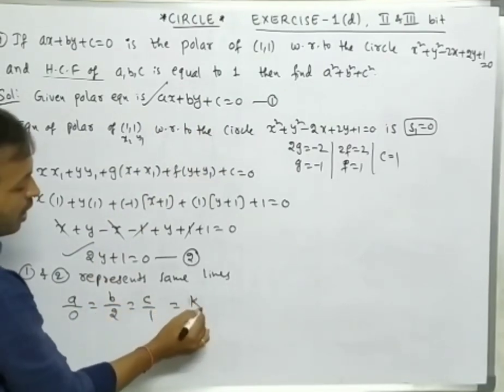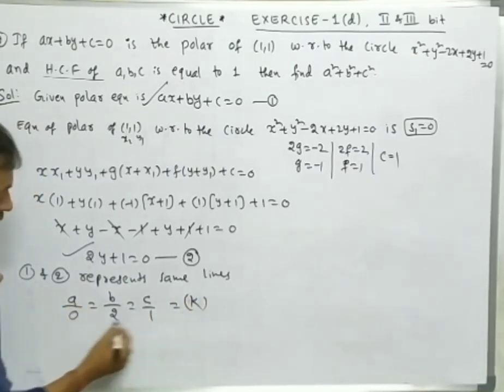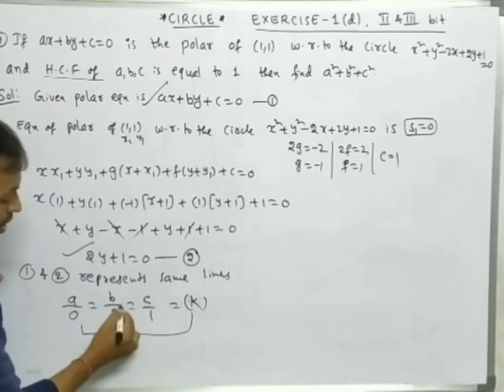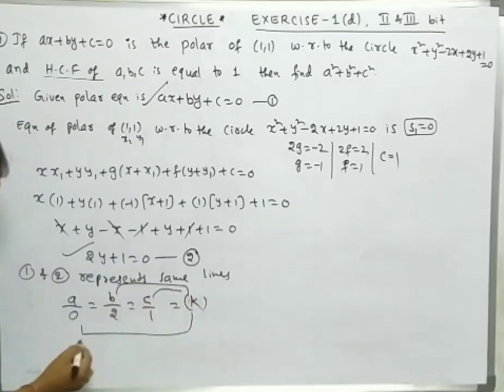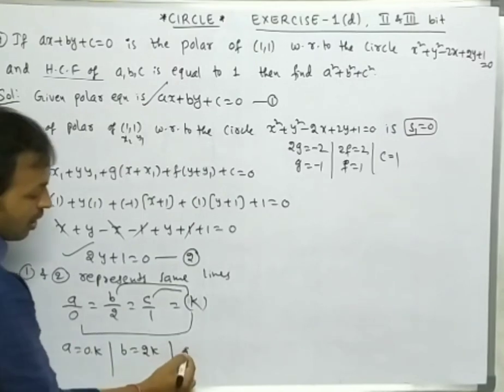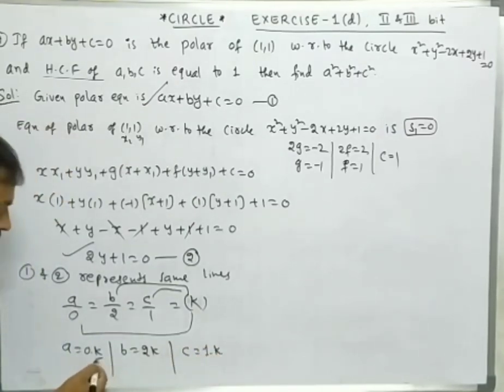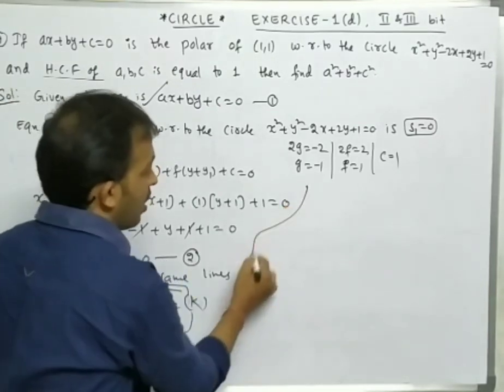Let us take this ratio is equal to k. So by equating, a by 0 is equal to k, a is equal to 0 into k. Next b by 2 is equal to k, b is equal to 2k, c by 1 is equal to k, c is equal to 1 into k. So all are having common factor k. Highest common factor is k.